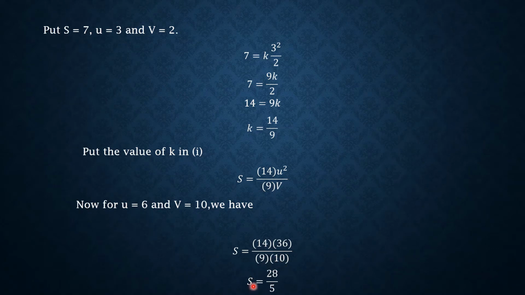Now by simplification, 9 fours are 36, and here 14 and 10 will be cancelled by 2, and we have 2 fives are 10 and 2 sevens are 14. So 7 fours are 28 in the numerator. So we have s equal to 28 by 5.